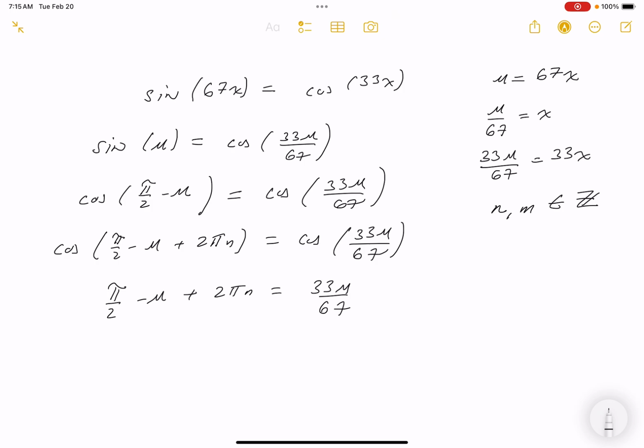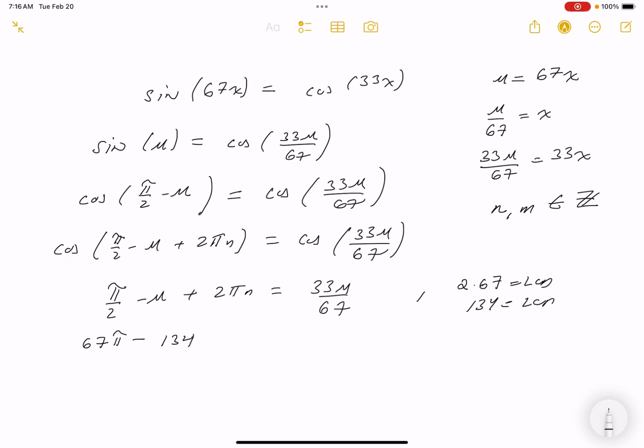Well, I'm going to clear the fraction first. So I'm going to multiply by a 2 and by 67. All right? That's the LCD, by the way. And what do you get there? 67 pi minus, well, 2 times 67 is 120 and 14, which is 134.